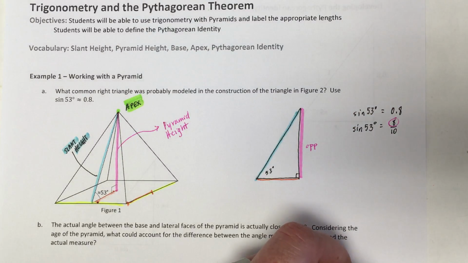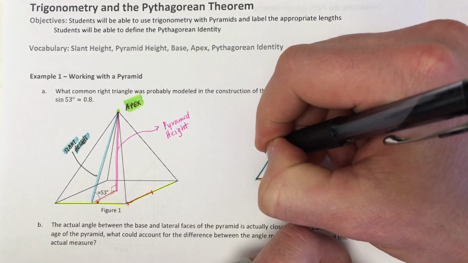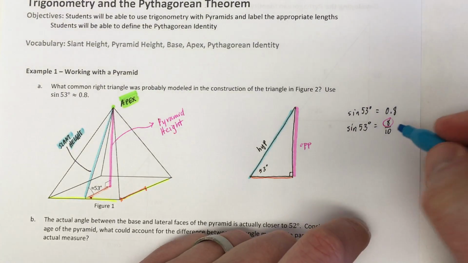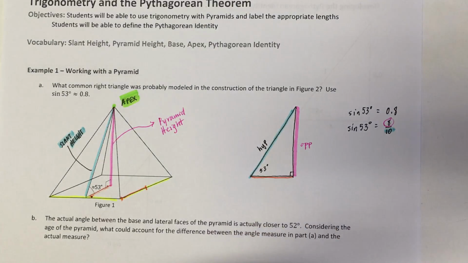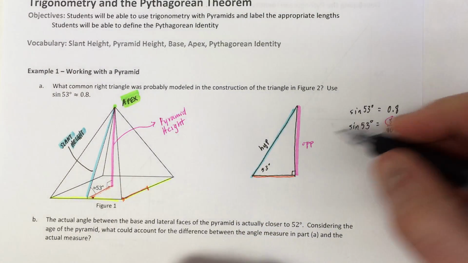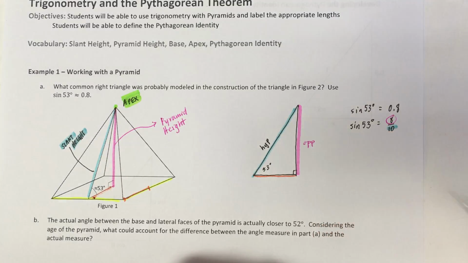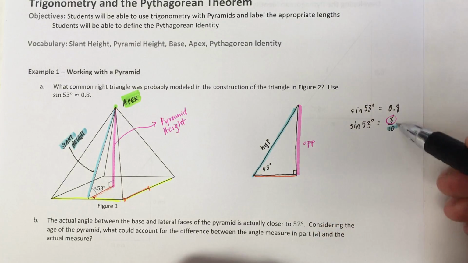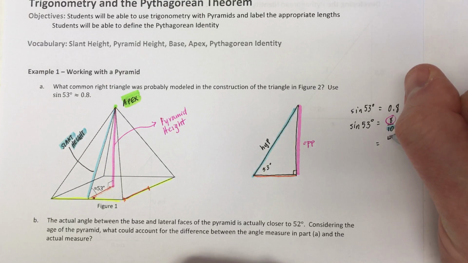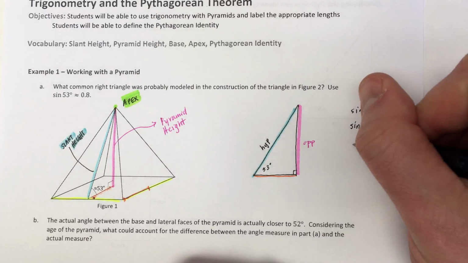And my hypotenuse is this diagonal, which I could put in blue. And so as I'm looking at this ratio, I don't know that these are the exact numbers that go there. I just know that it is the common ratio. So actually what I could look at is this reduced and get 4/5.